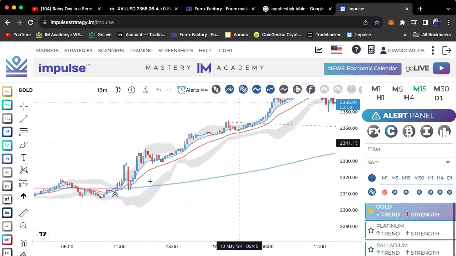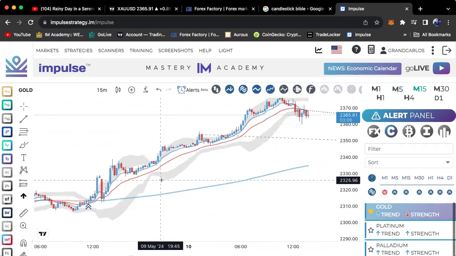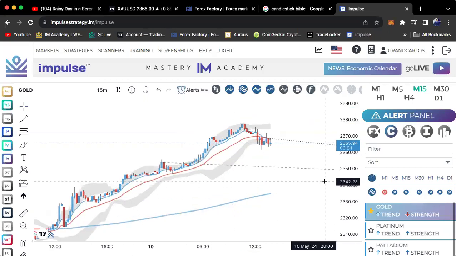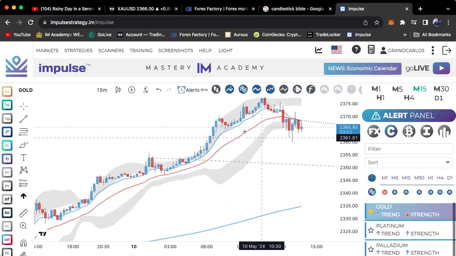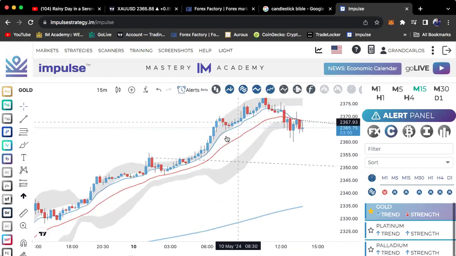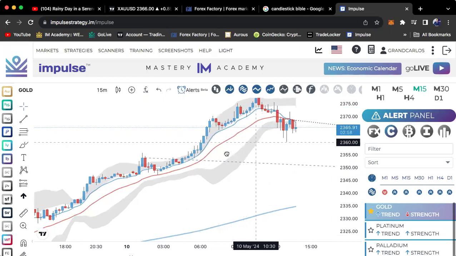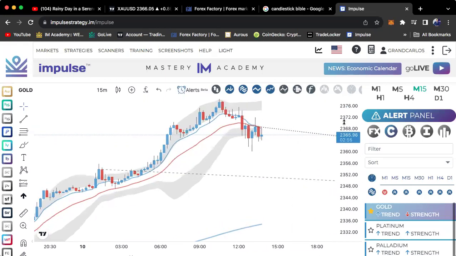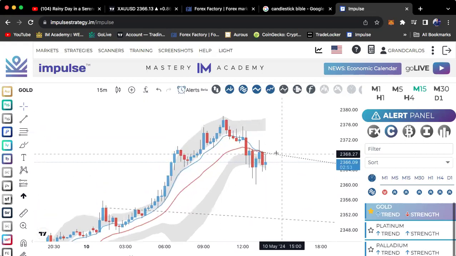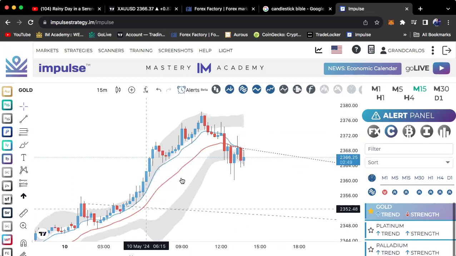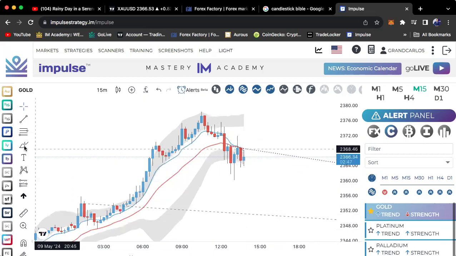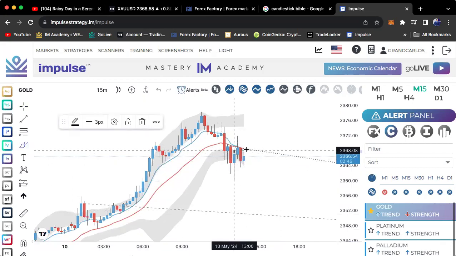15-minute is still giving me buy confirmations. See, price is still above the blue EMA. Secondary EMA lines, I have blue over red. So that's still buy. Now it looks like it's going to cross here. Price is consolidating right now. If it breaks above here, then I know it's gonna trend up.